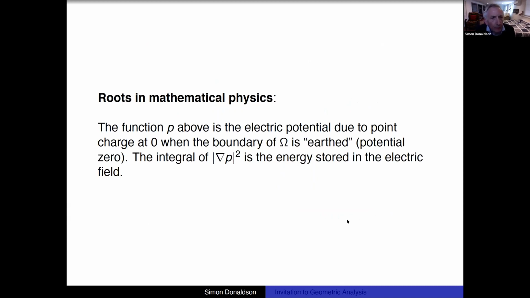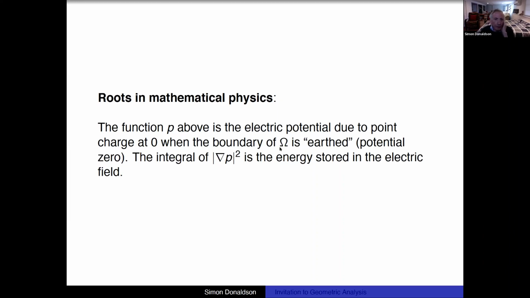And of course, all this has roots in classical mathematical physics. In the construction we made above, the function p would correspond to the electric potential due to a point charge we placed at the origin, and we earth the boundary of omega, in the sense we force the potential to be 0 on the boundary of omega.